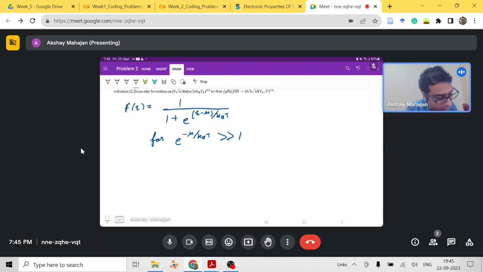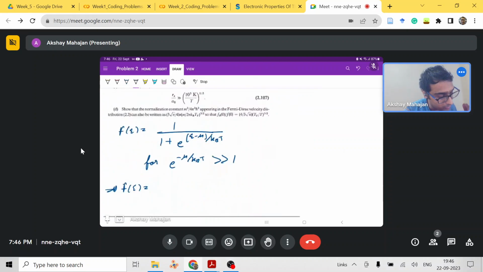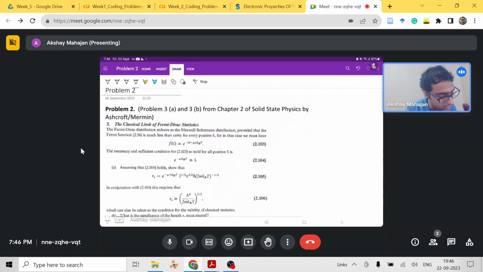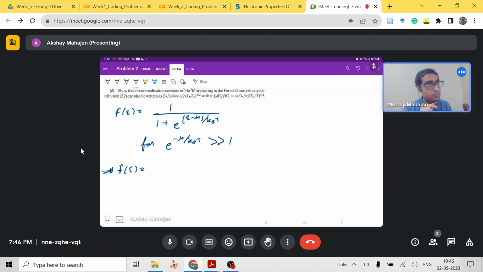what will happen is that our f of epsilon is much less than 1 for every positive epsilon. So we can approximate f of epsilon to 1 upon e to the power epsilon minus mu by kBT, because minus mu by kBT is a very large value and e to the power epsilon by kBT is again positive, so overall that term will be much larger than unity.